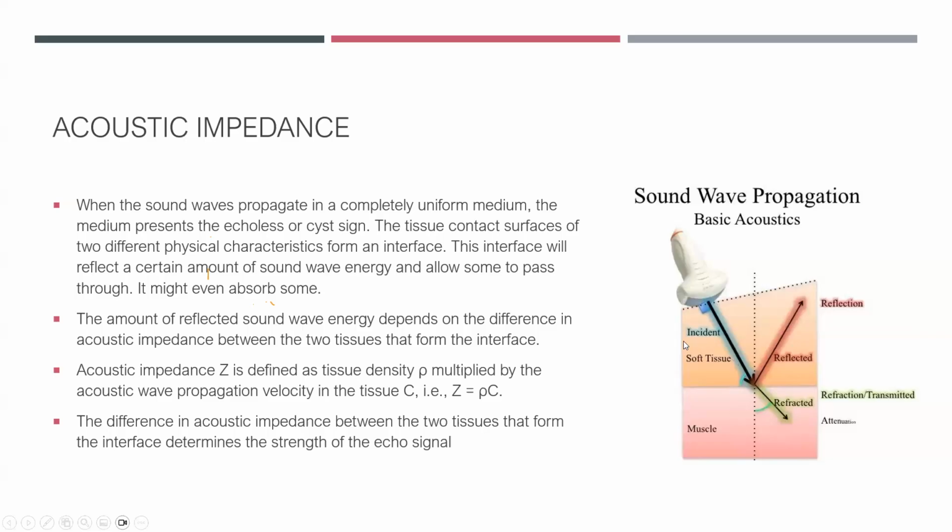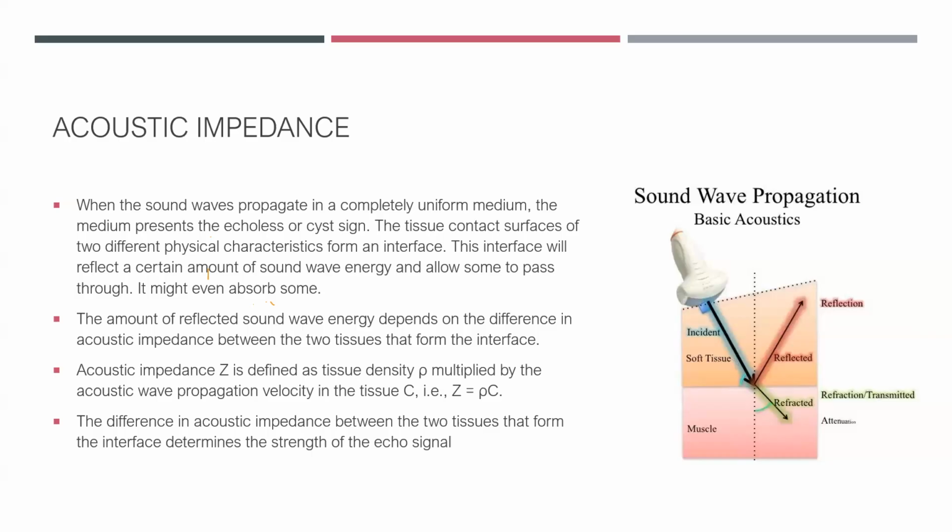Now, acoustic impedance basically is a property of tissue. And what it means is that whilst the ultrasound machine assumes that sound waves travel in a uniform way with a constant velocity throughout tissue, because of the difference in density between tissues, sound waves tend to get reflected.